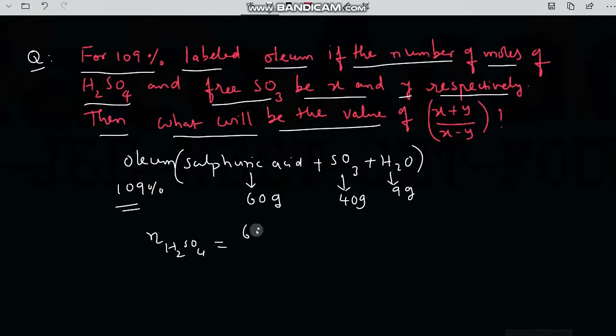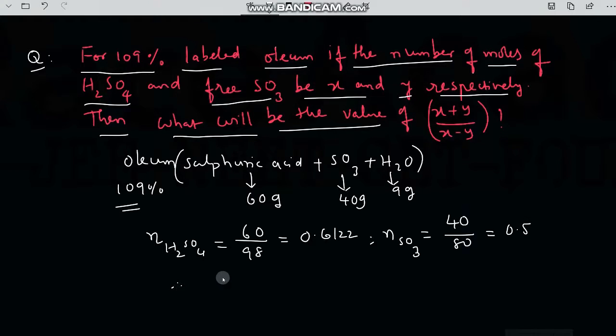The number of moles of H2SO4 is equal to 60 divided by its molar mass, which is 0.6122. Similarly, the number of moles of free SO3 is equal to 40 divided by its molar mass 80, so it will be 1 by 2, that is 0.5.